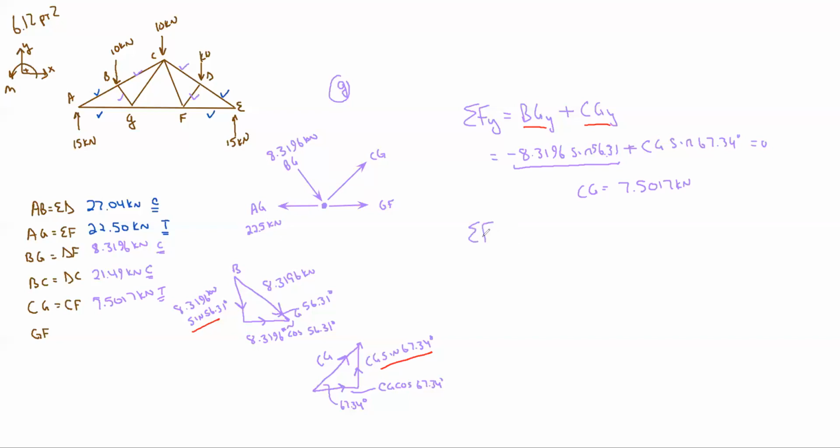And finally, in the X direction. So in the X direction, we have AG, BGX, CGX, GF.